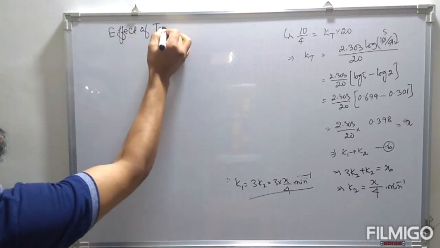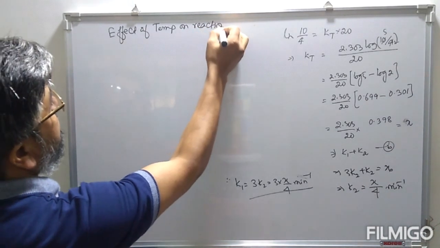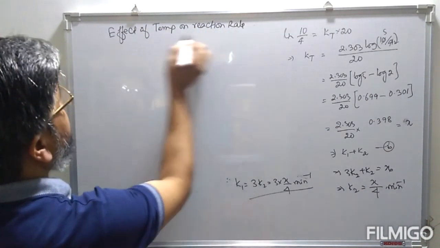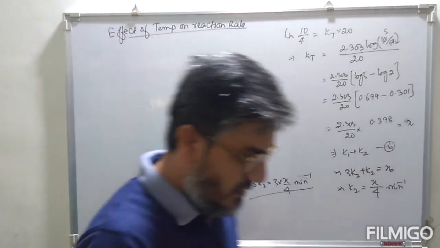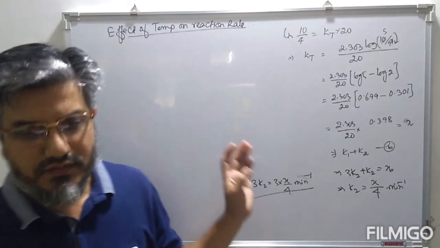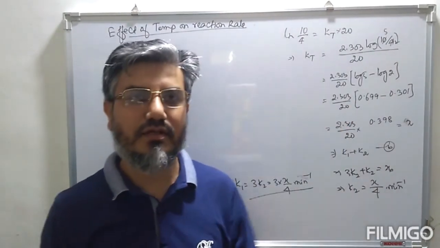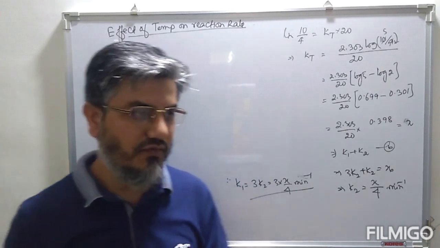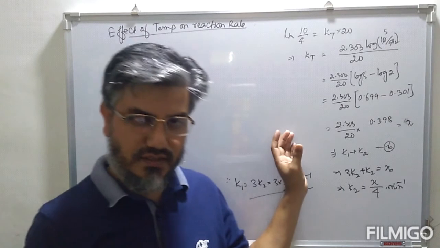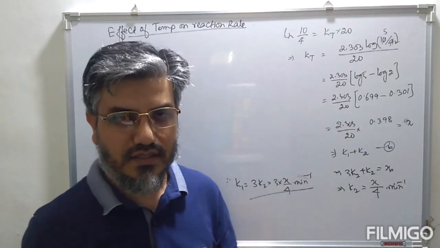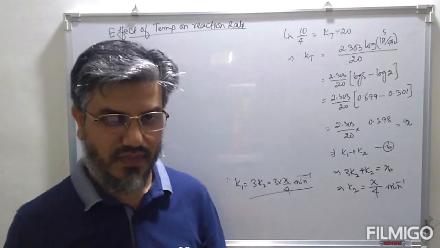Effect of temperature on a reaction rate. Now for every reaction, whether it is a first order, zero order or second order reaction, whatever the order of reaction, normally we find that the rate constant and the rate increase on increasing temperature.